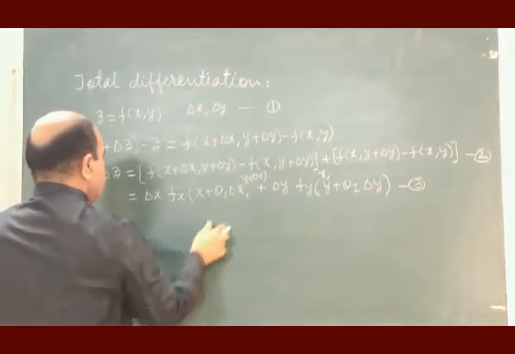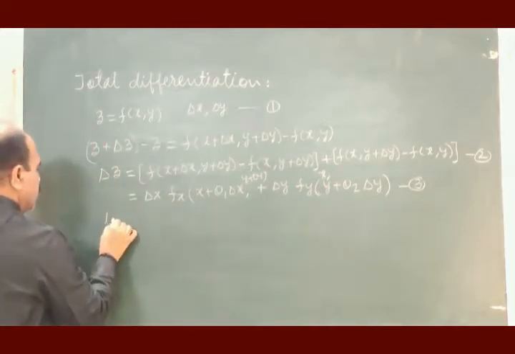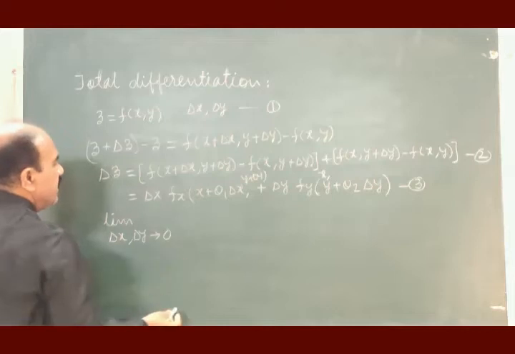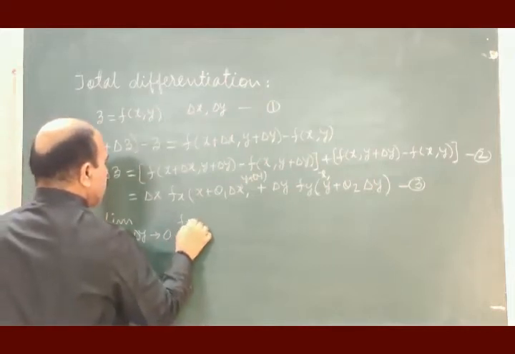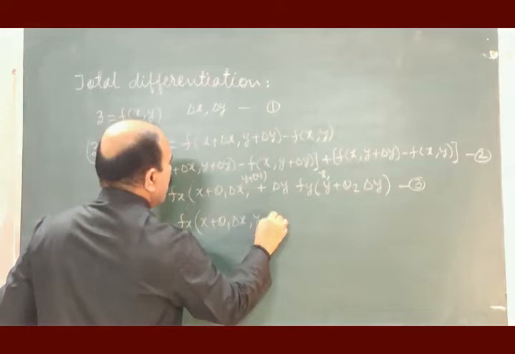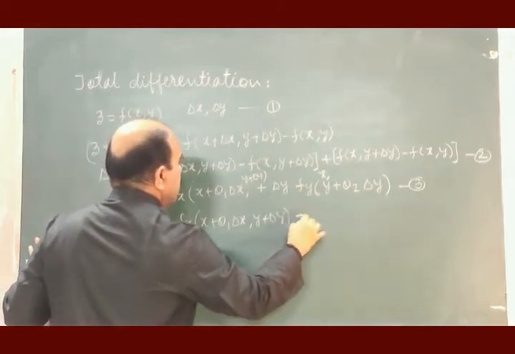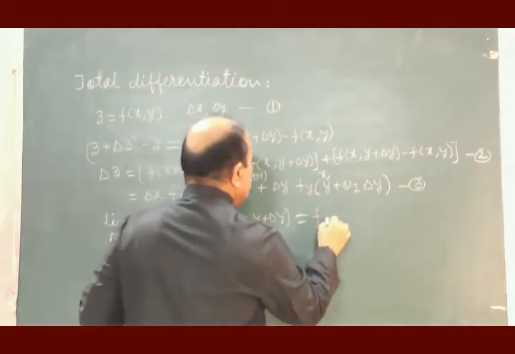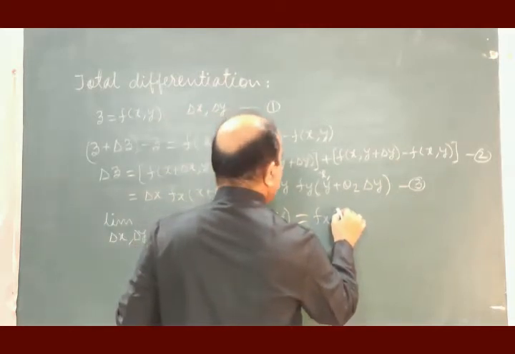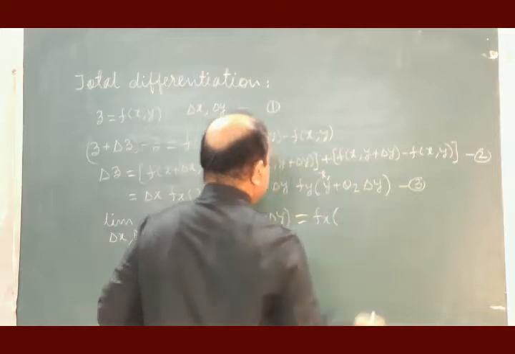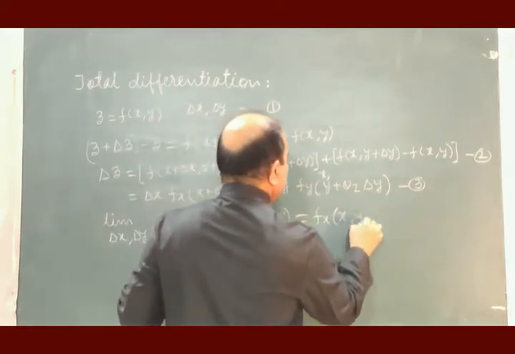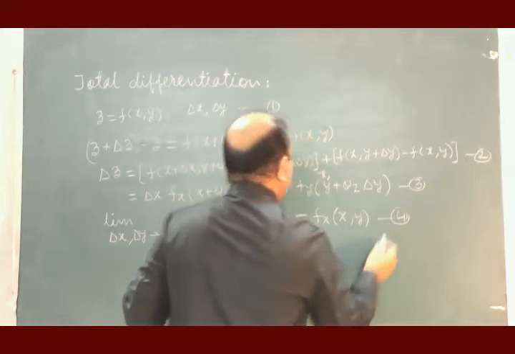Now, let us consider this bracket as limit delta x delta y tends to 0, fx of x plus theta 1 delta x comma y plus delta y will be simply fx of x comma y, equation number 4.